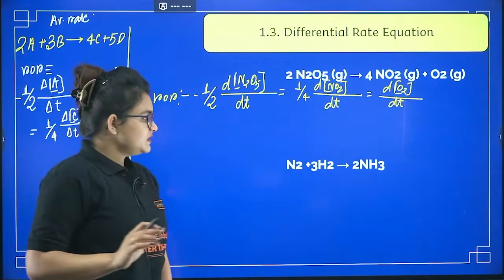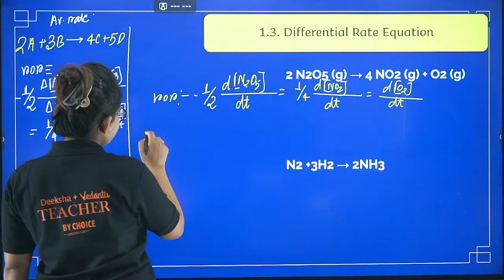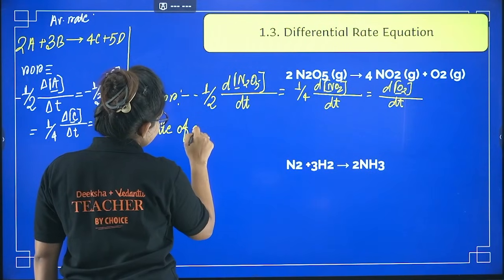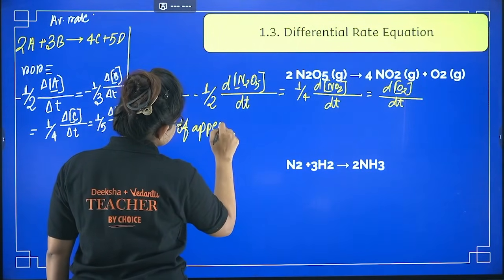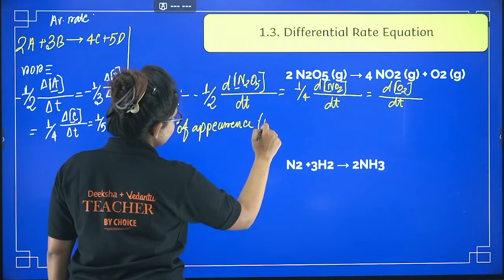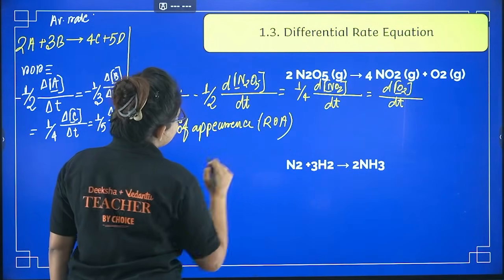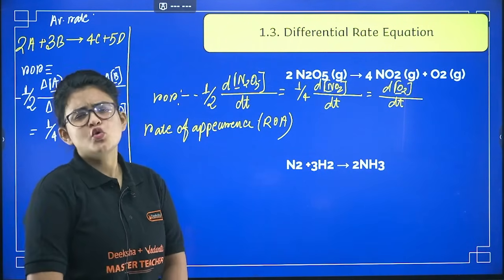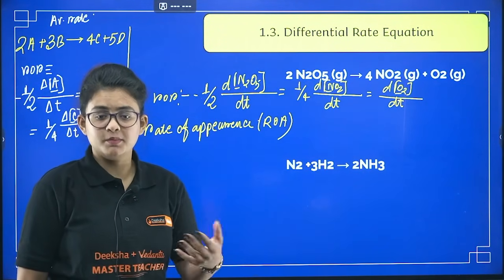One more thing I just wanted to tell you, that is rate of appearance. In short we will call it ROA, rate of appearance. How should you represent the rate of appearance? Who appears in the reaction? The product.